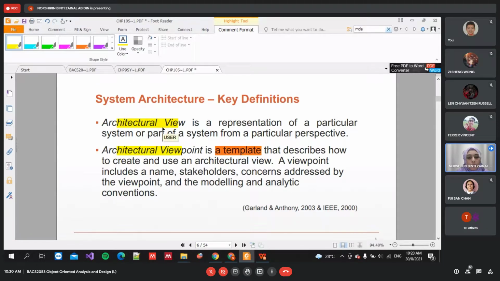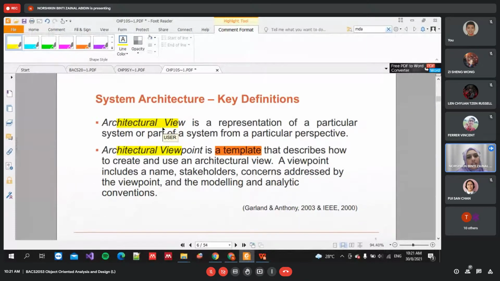By the way, for architectural view, I think I mentioned this before. When we're designing a system, we have different points of view. Once a system is too big, for example a module or a component, we have different perspectives.